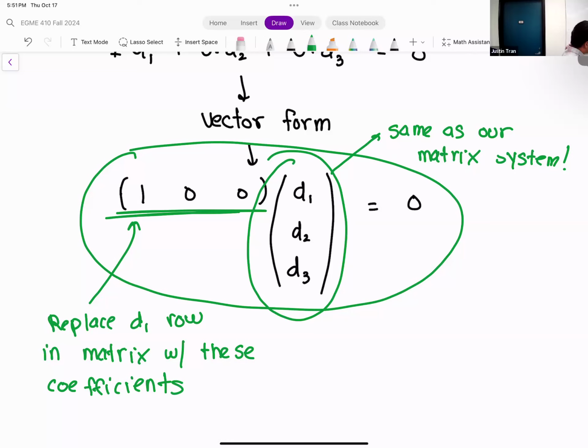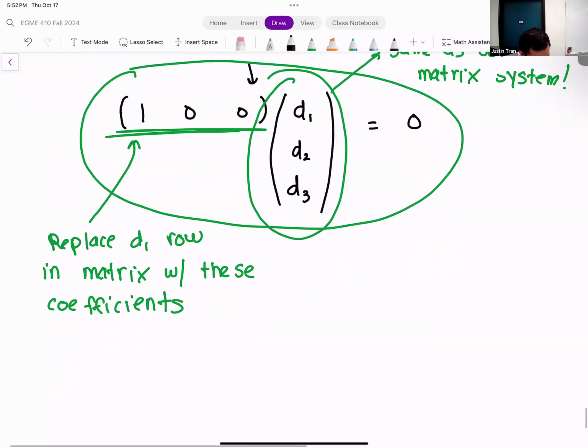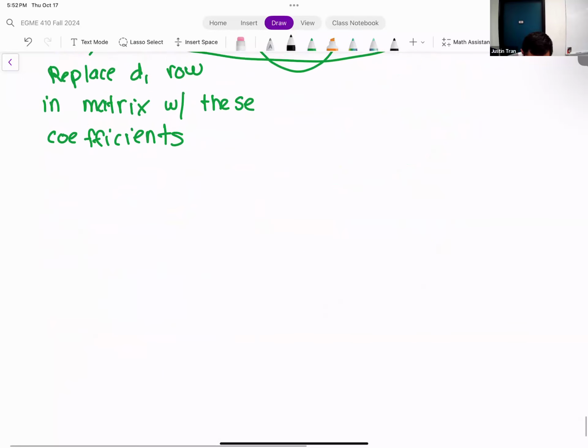That's exactly what we need. And if we put this all together and replace that first row, we end up with the following system.